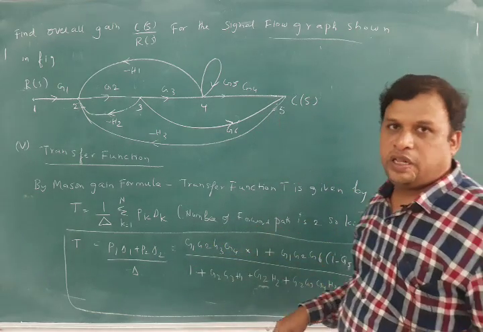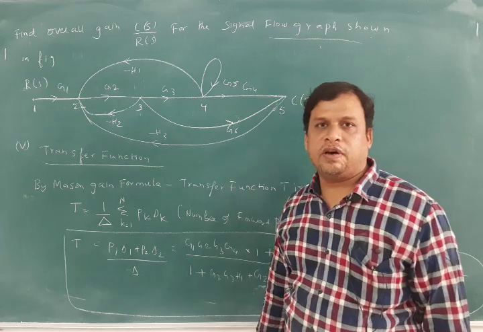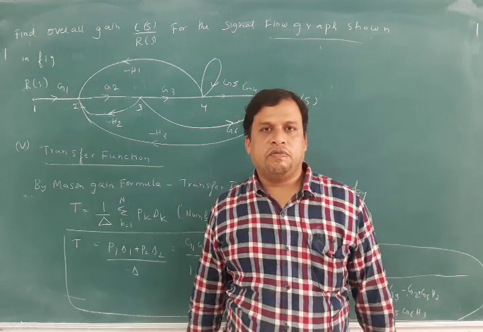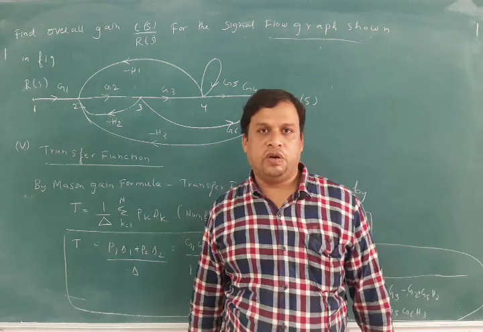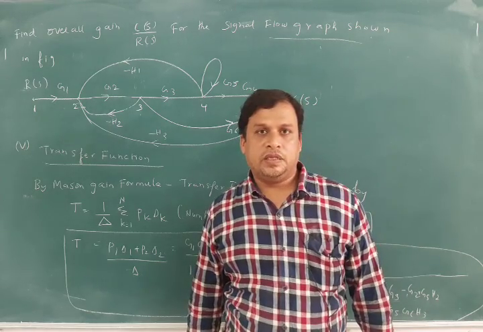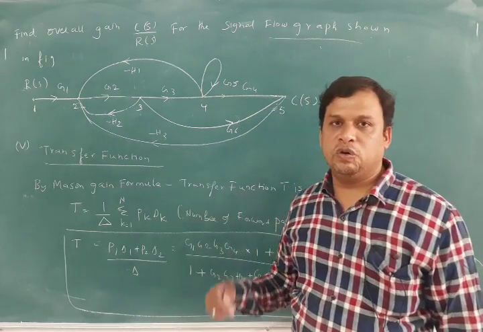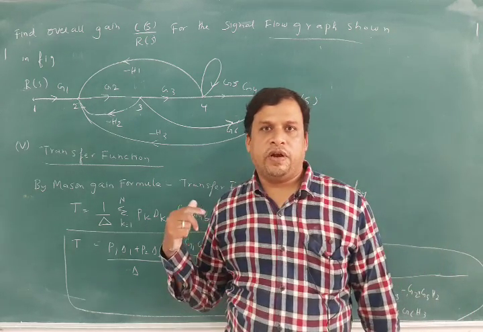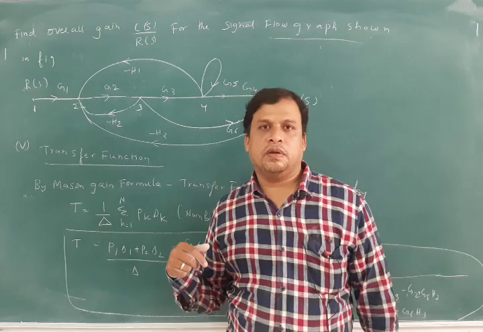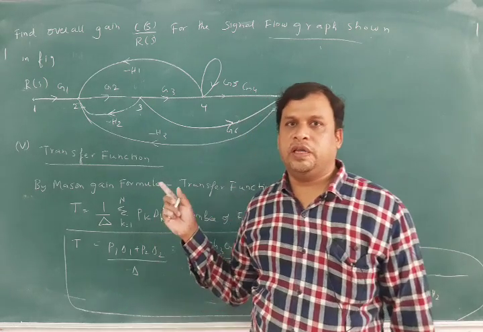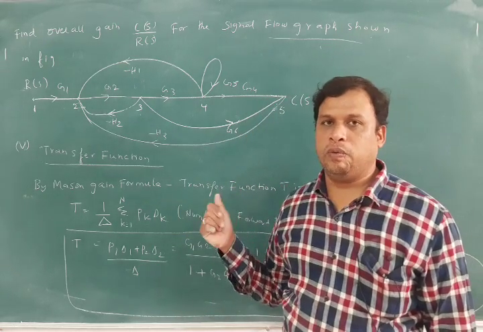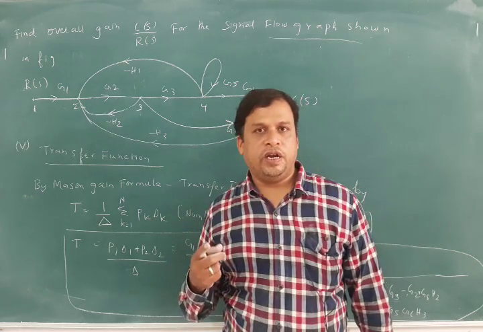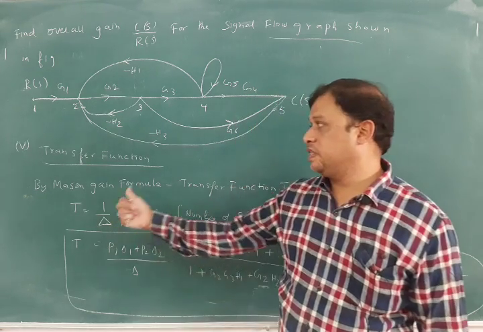In the first step we found the forward paths and the forward path gains. In the second step we found the individual loop gains. In the third step we found the gain product of the non-touching loops, and in the fourth step we found delta as well as delta k. After finding delta and delta k, we are now writing the fifth step, the transfer function.